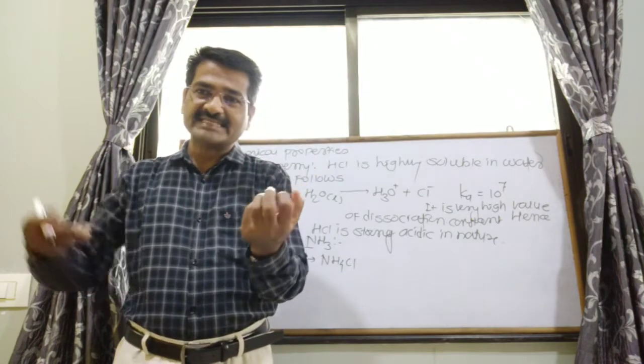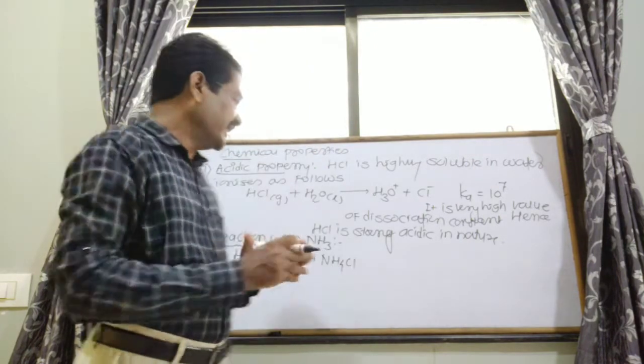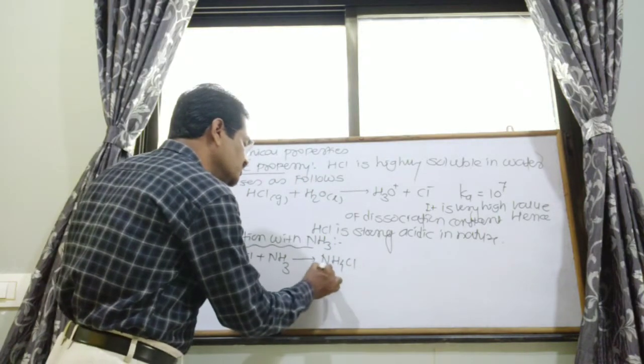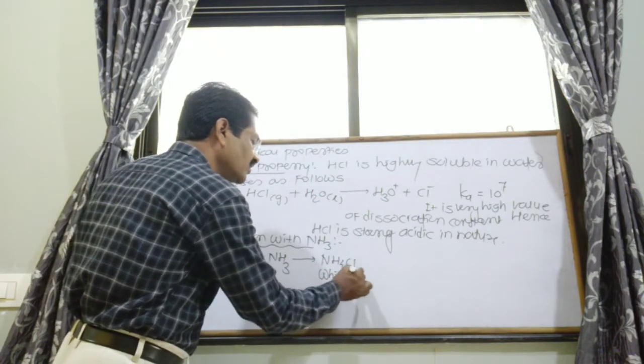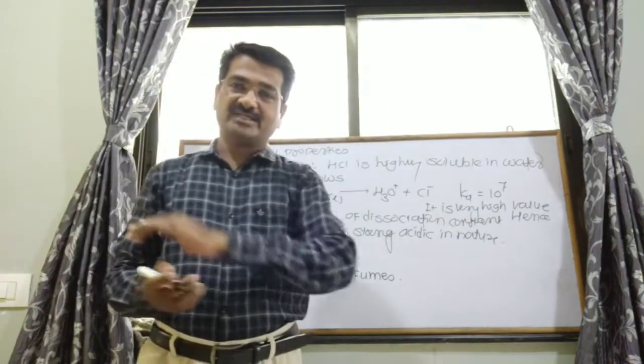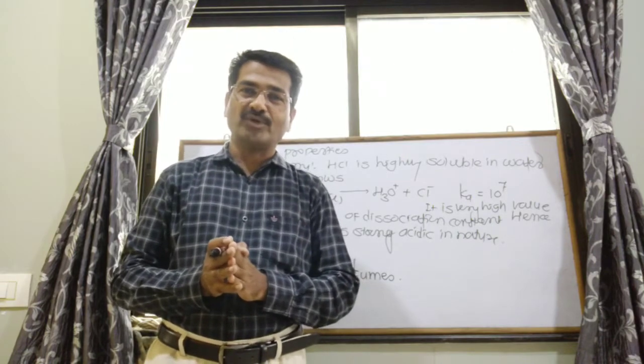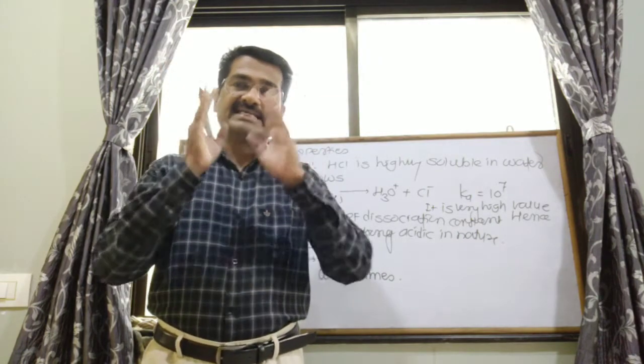When hydrochloric acid reacts with ammonia, it gives white fumes of ammonium chloride. This is the second chemical property, the reaction of ammonia with hydrochloric acid.